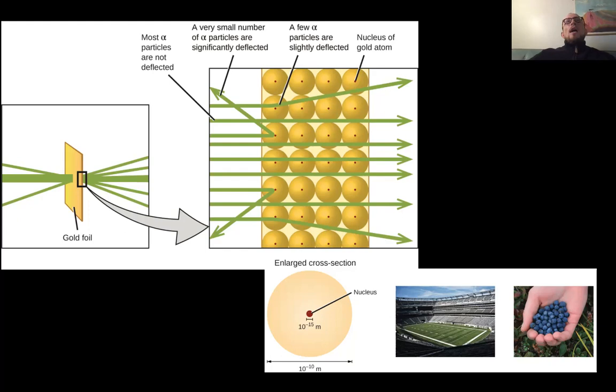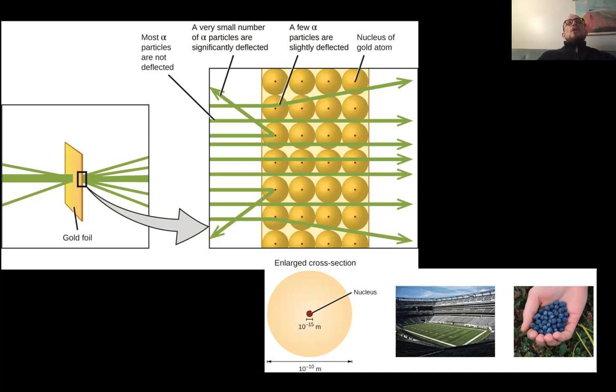But what was surprising was that some of the alpha rays being shot at the gold foil seemed to ricochet and come exactly back towards the firing apparatus that was shooting the alpha particles. And this was a little confusing.